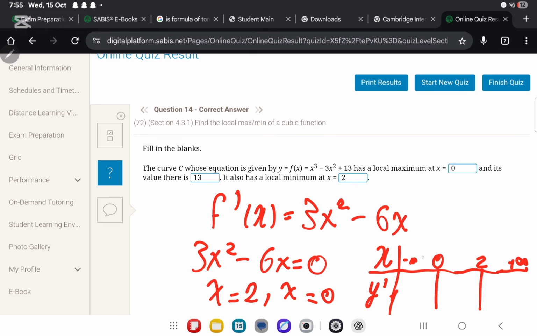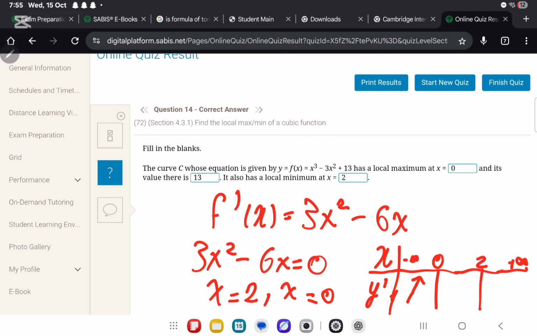So give me any value between negative infinity and 0. So any number less than 0. We'll say negative 1. Okay, substitute it into y prime. So 3 into negative 1 squared minus 6 into negative 1 will give me 9. So it is positive. Now give me any number between 0 and 2.